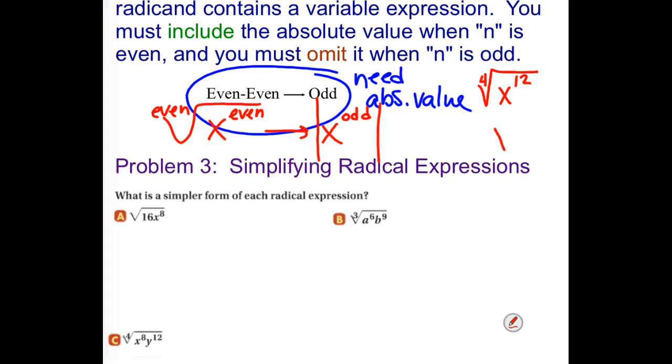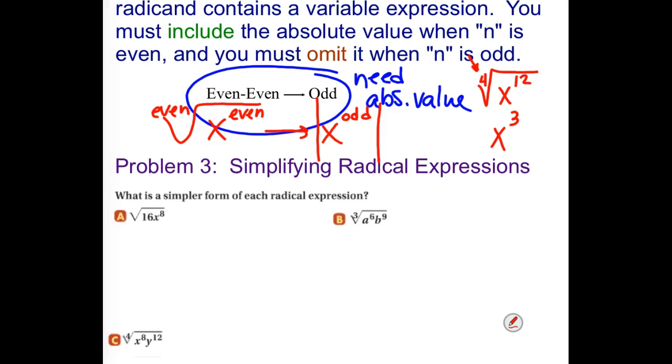It is x to the third. We basically are just taking 12 divided by 4. The way I think of it is we have 12 x's being multiplied together. We are taking them in groups of 4. So if you have 12 x's and you want to group them into 4s, you get 3 groups. Does that make sense? Okay.